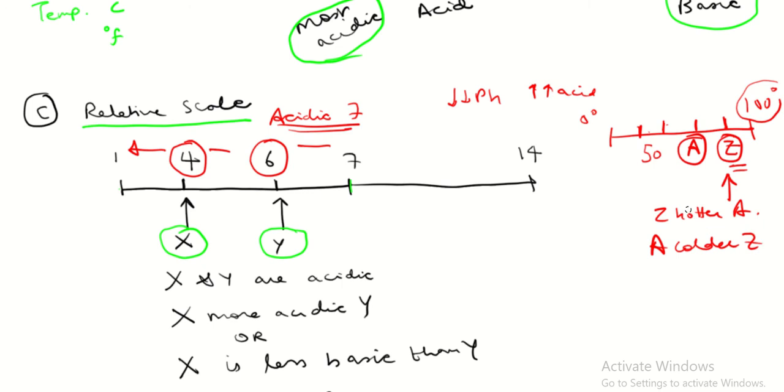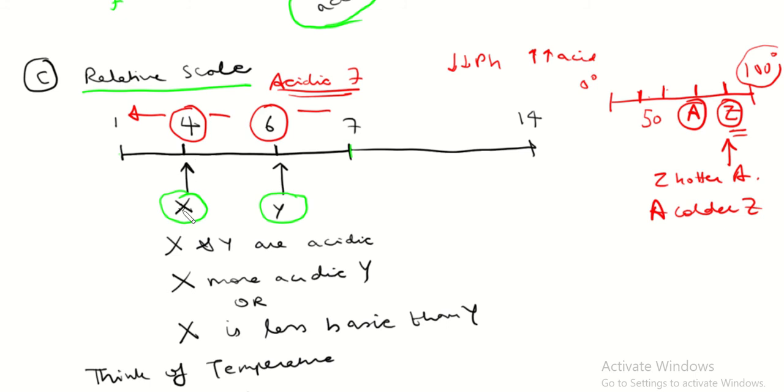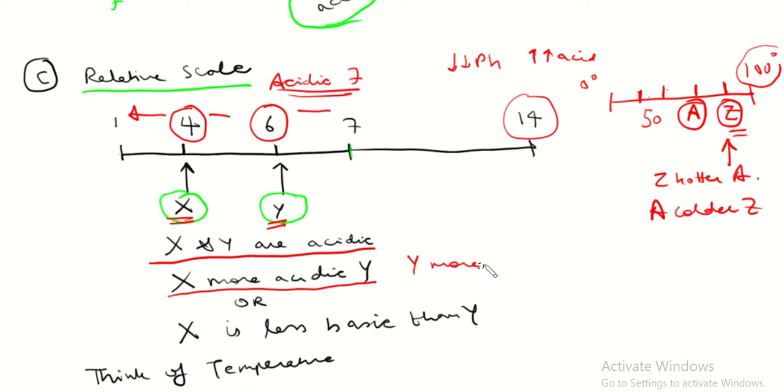Well, guess what? Here X was more acidic than Y, they were both acidic, but X was more acidic than Y. The other way to look at this is since Y is closer to the base side of things, Y is more basic than X, just as this, right?